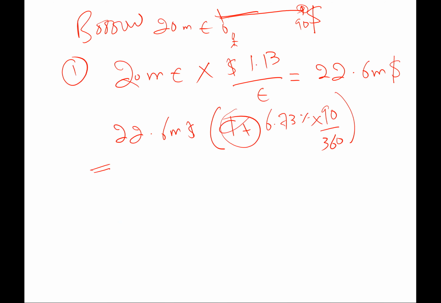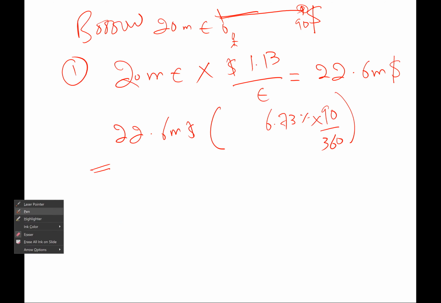Then this answer would be the interest, and you add it to 22.6. So I just write the answer as 1 plus. It's just a mathematical property. In this way, you will find the total amount, principal plus the interest. So first of all, this is 0.0673, as a percentage you need to convert it, multiplied by 90 divided by 360, and then plus 1.